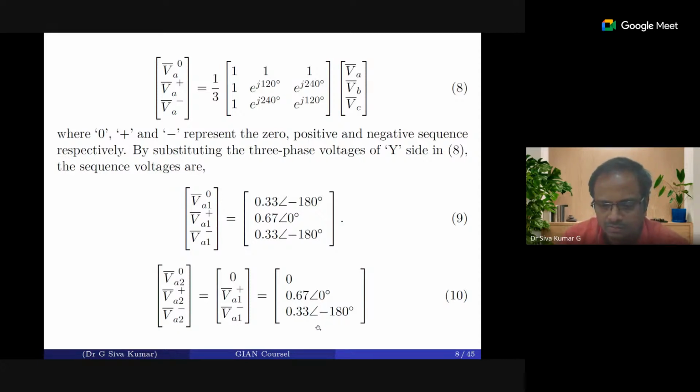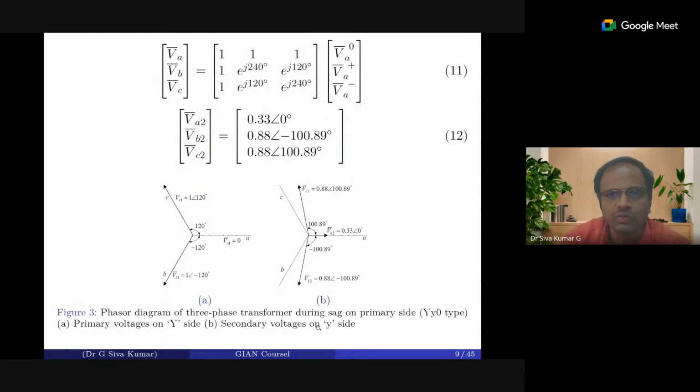Now, when you convert these sequence voltages back to the normal phase voltages, we get 0.33, 0.88 at minus 100, and 0.88 at an angle of 100.8. See the phasor diagram of the primary side voltages and the phasor diagram of the secondary side voltages.